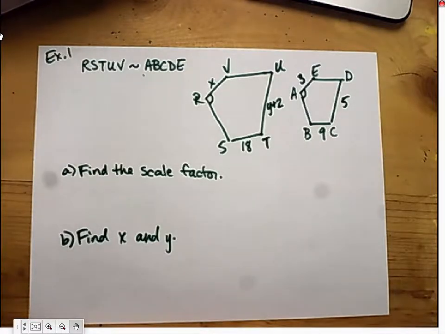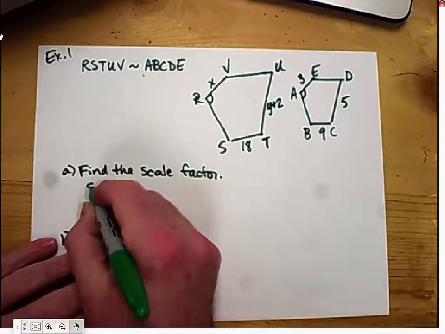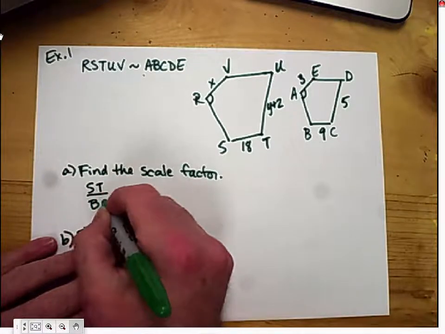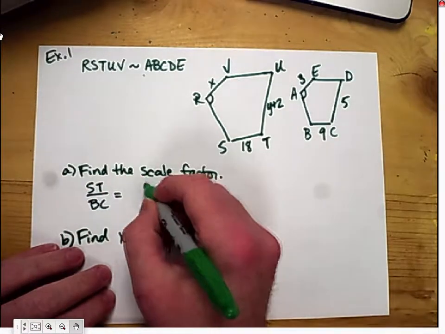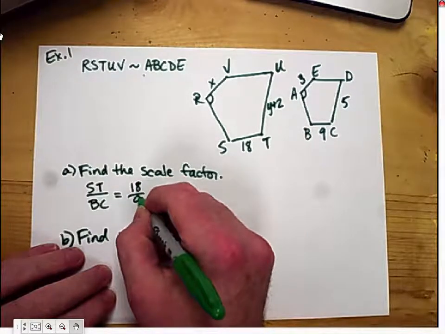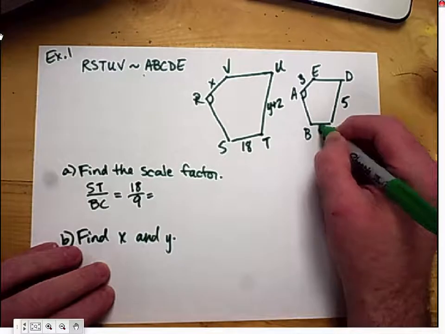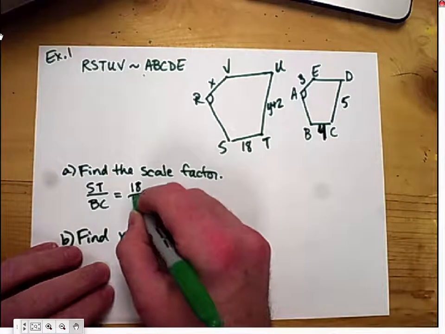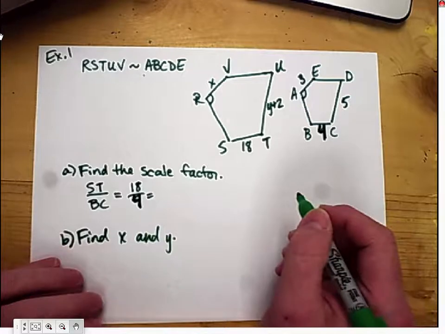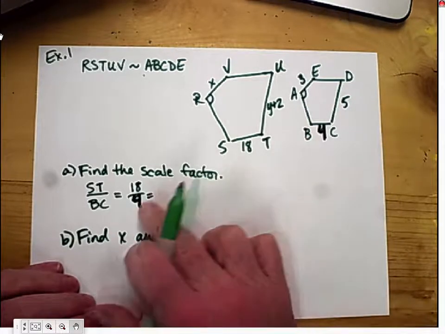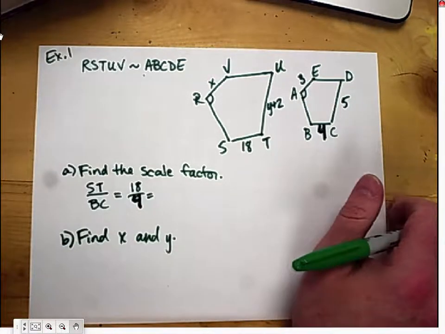ST and BC. So the scale factor is just going to be ST over BC, which is 18 over 9, or that's a 4, sorry. That needs to be a 4. 18 over 4. So change that both places. I copied the book wrong.